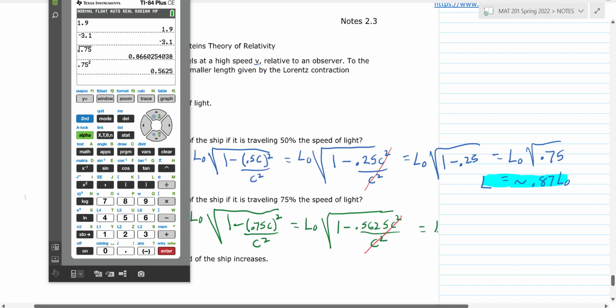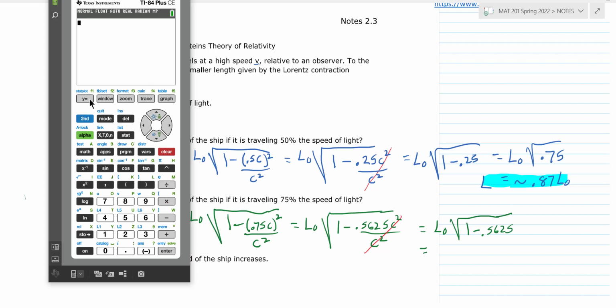So we're going to end up getting L naught times the square root of 1 minus 0.5625. I'm just going to do it in one step on the calculator. So square root of 1 minus 0.5625 is going to give you this value then.